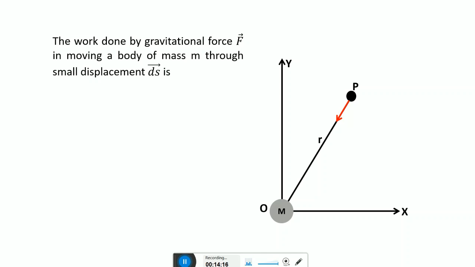Let r is the distance of point P from origin O. This is point A, point B, and the body of mass small m be moved from point A to point B. Let ds be the small element on curve AB or along path 1.